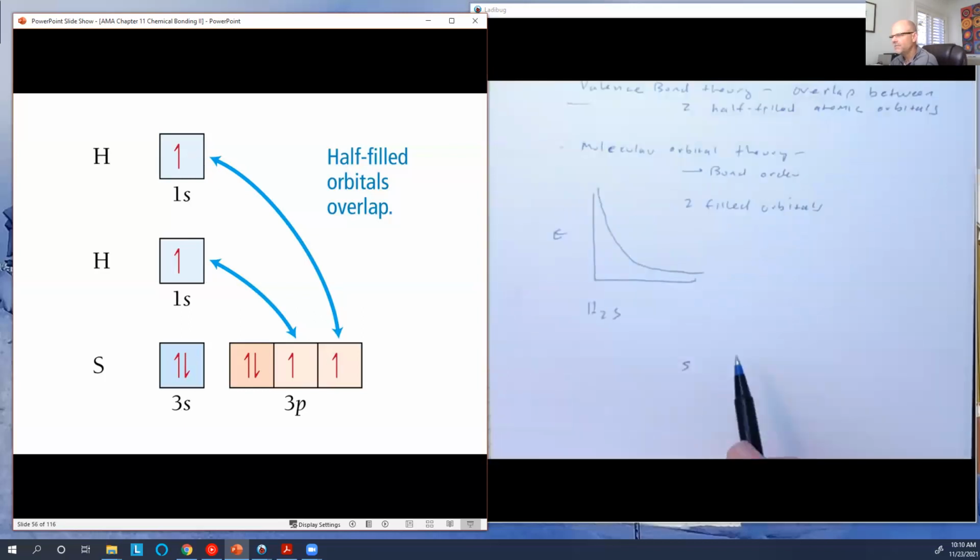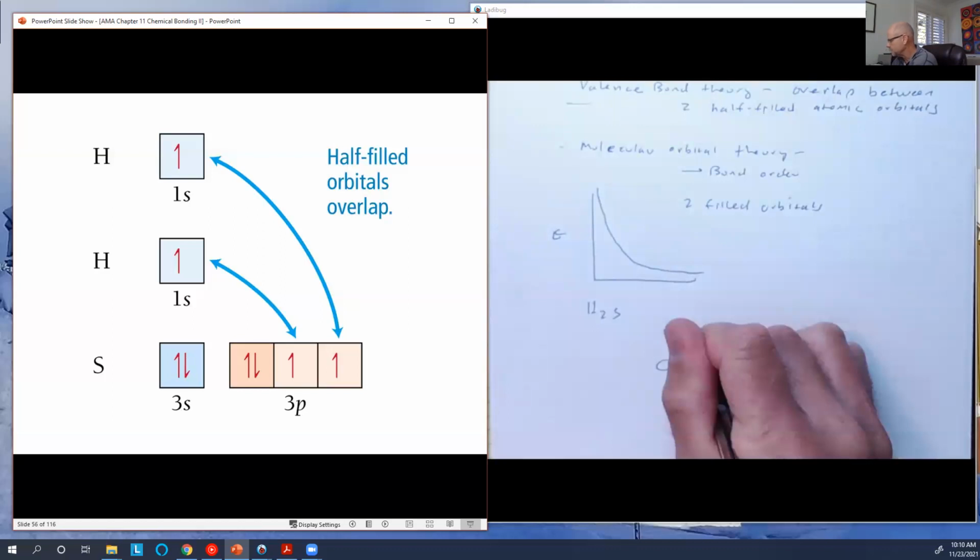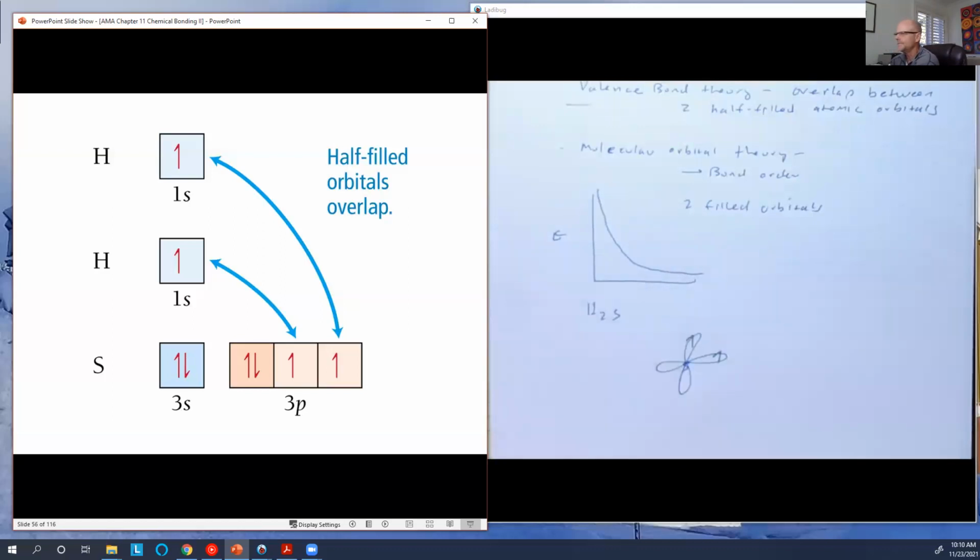It has some filled orbitals. It has an s orbital here, which I'm not going to draw because it's filled. It has a 3p orbital that I'm not going to draw because it's filled. It's not going to be involved in bonding. But I am going to draw these two half-filled 3p orbitals. So here's one of them, and here's the other one, right? And each of those orbitals has one electron in it, like that, right?